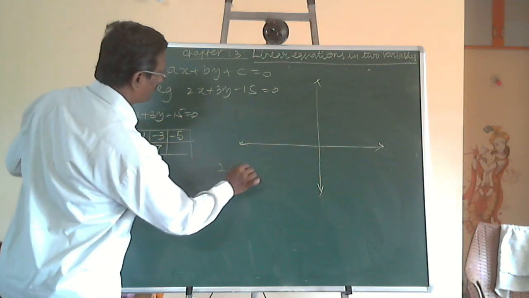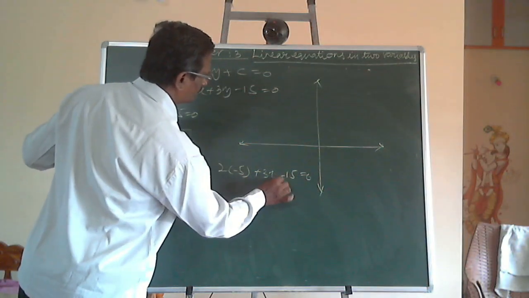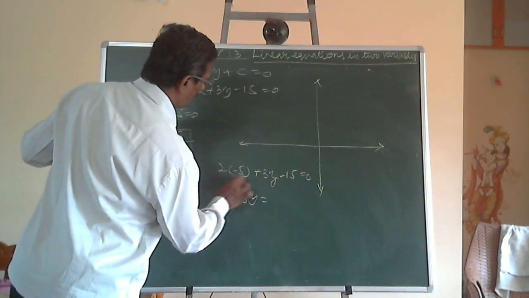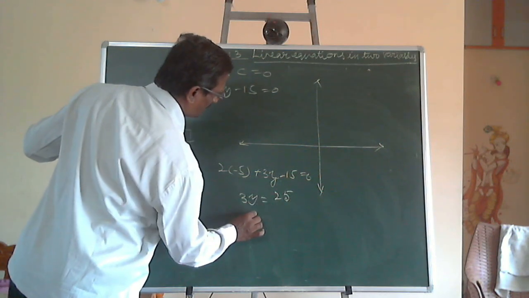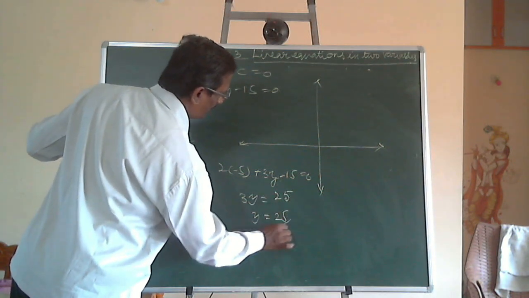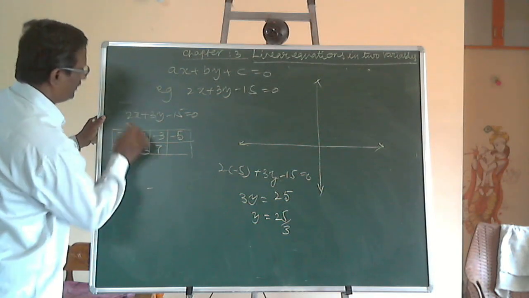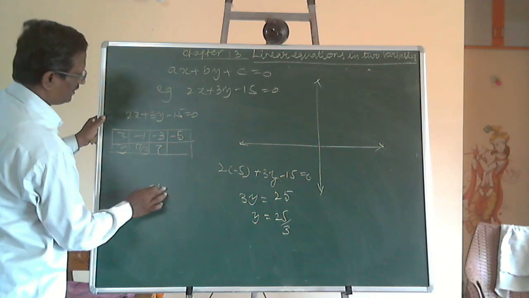2 into minus 5 plus 3y minus 15 is equal to 0. This is 3y is equal to 15 plus 10, 25. So on the right side it goes plus 25. Y is equal to 25 upon 3. So x is equal to minus 4, 23.